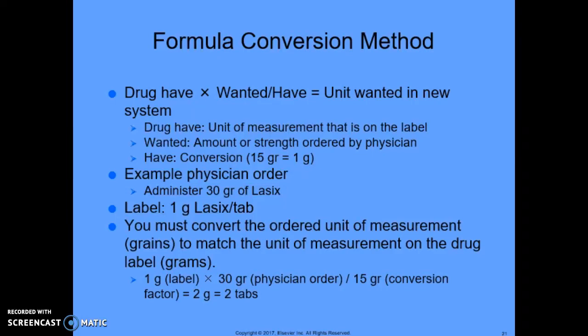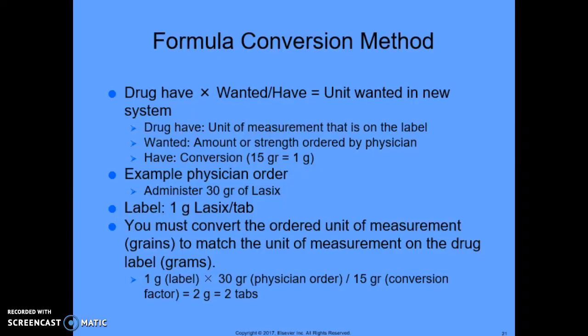So 1 gram is what's on the label, multiplying it by 30 grains, because that's the physician order, okay? And then we need to divide that by 15 grains, because this is the conversion factor, which equals 2 grams, or it's equal to 2 tabs.